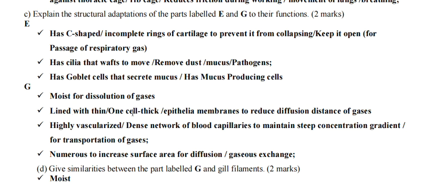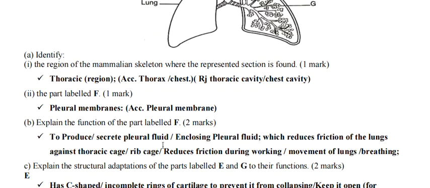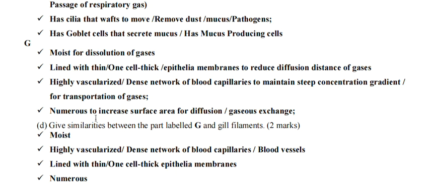Then it is lined with thin or one cell thick epithelium membranes to reduce diffusion distance of gases. Then numerous to increase surface area for diffusion, but this point will be rejected because they have selected one alveolus, therefore it cannot be numerous, just one.